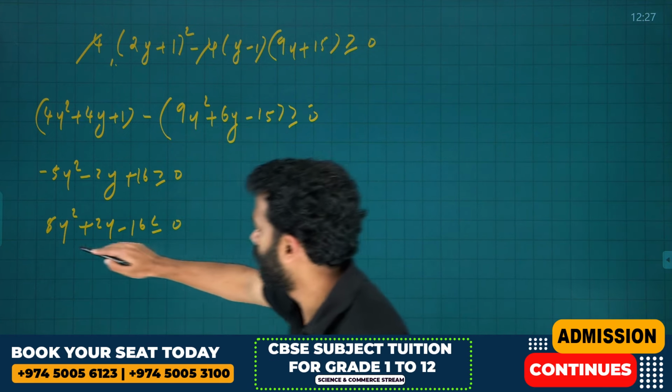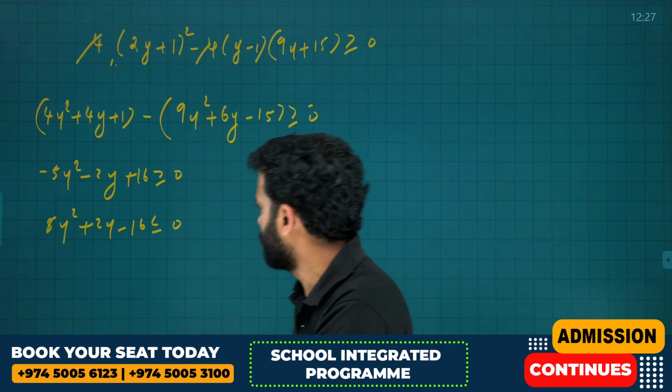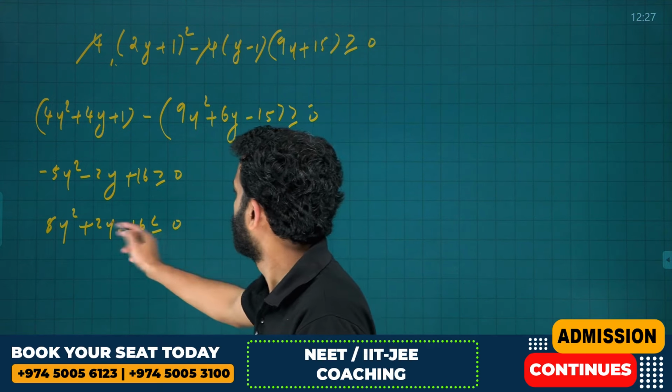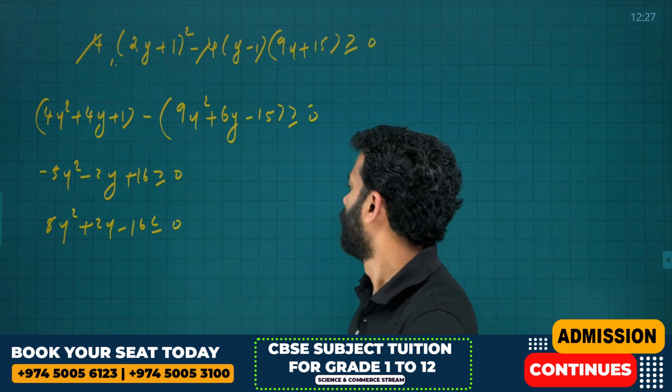Okay, and to factorize this, I think it will be better if we go for the factorization method or the quadratic equation method. That is minus 80, that is 16 and 5.